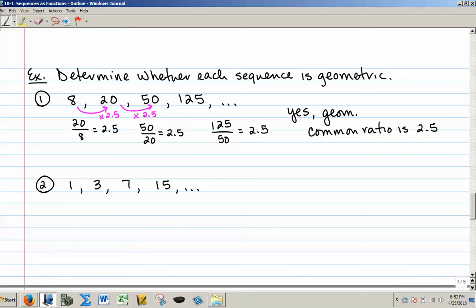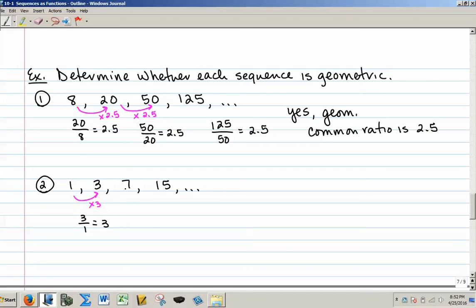Okay, let's take a look at our second example here. So 1, 3, 7, and 15. So let's do that division. So 3 over 1 is obviously equal to 3. So the ratio there would be times 3.